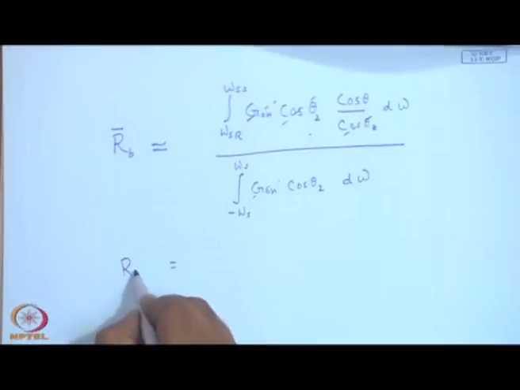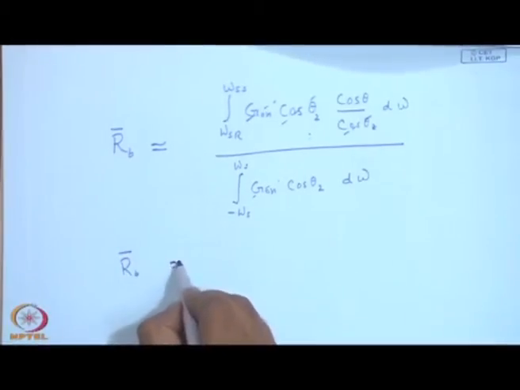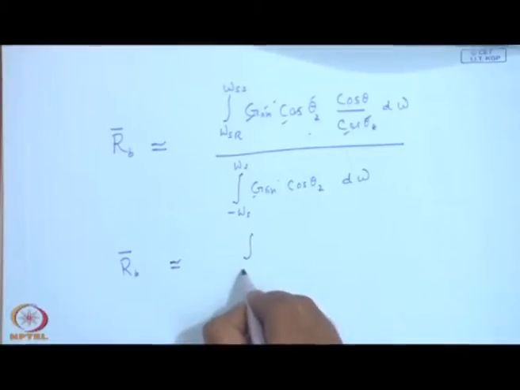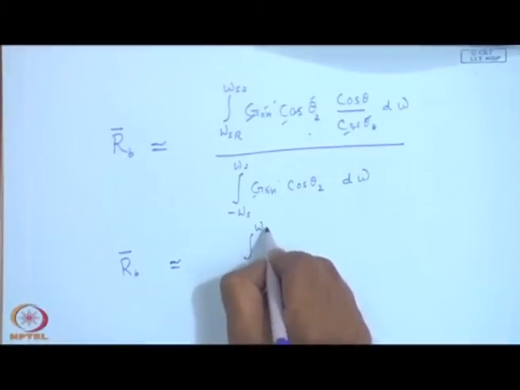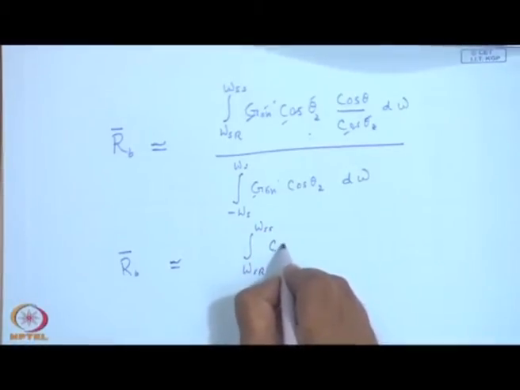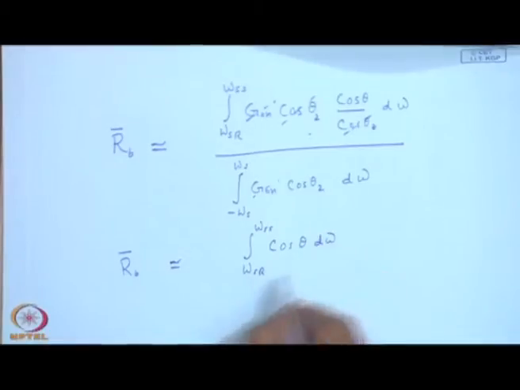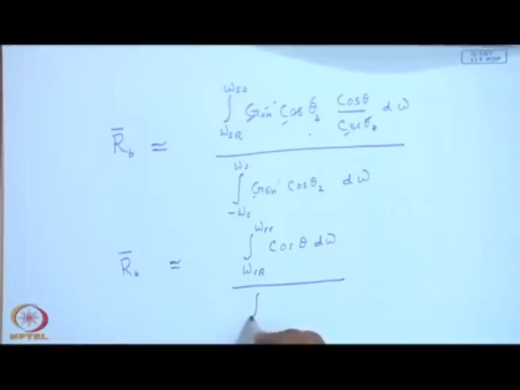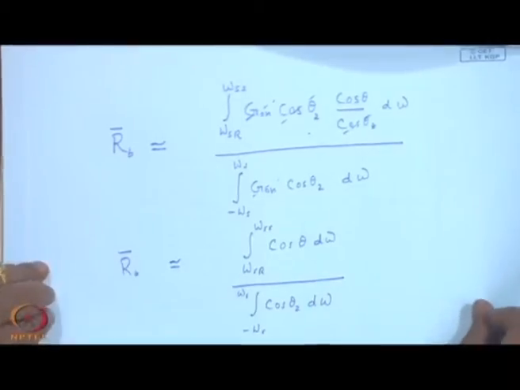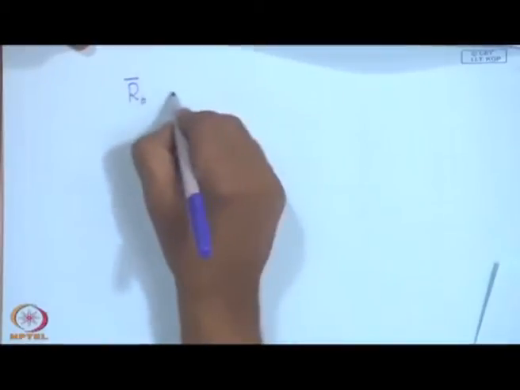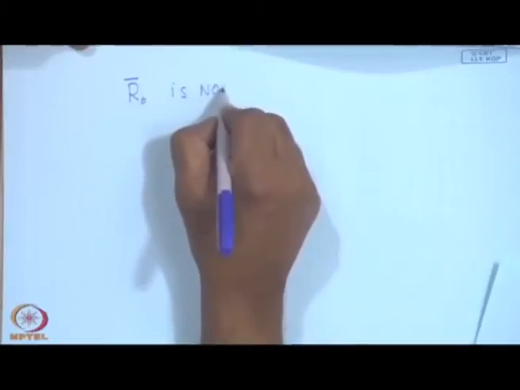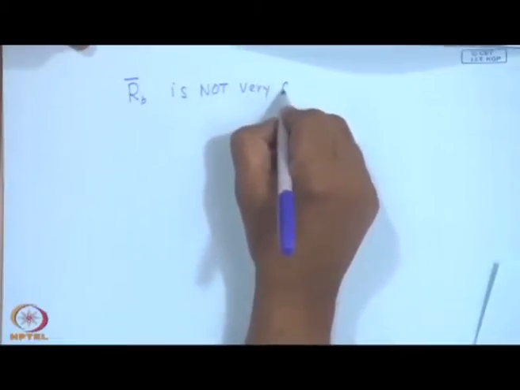So, my R B bar is approximately equal to the integral from omega s r to omega s s of cos theta d omega, divided by the integral from minus omega s to plus omega s of cos theta z d omega, right. So, R B bar is not very complicated.